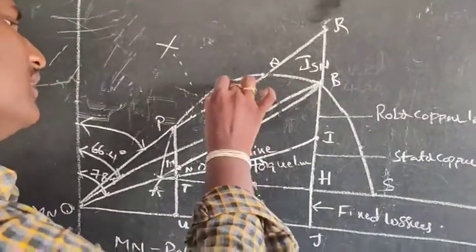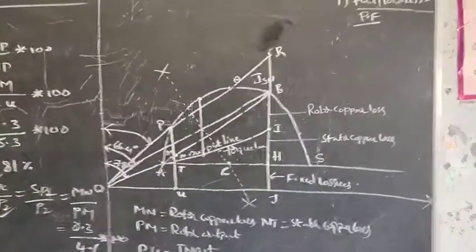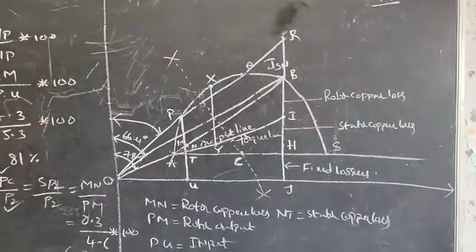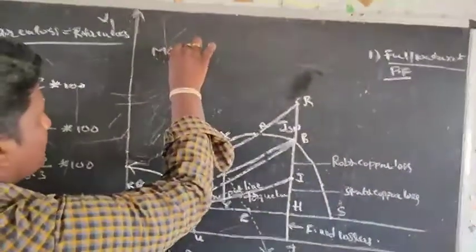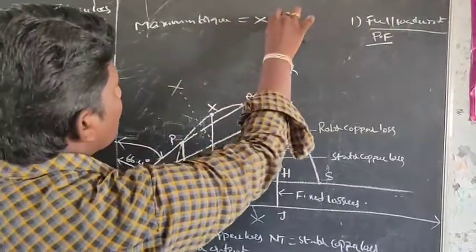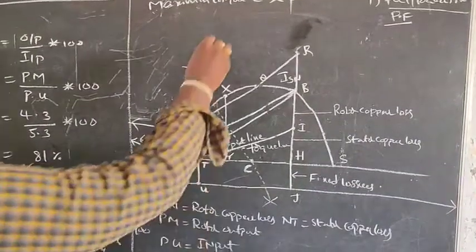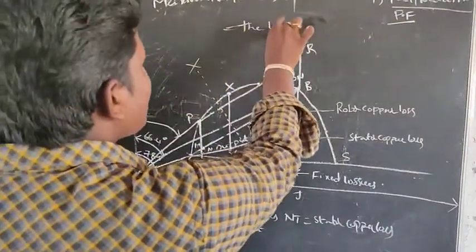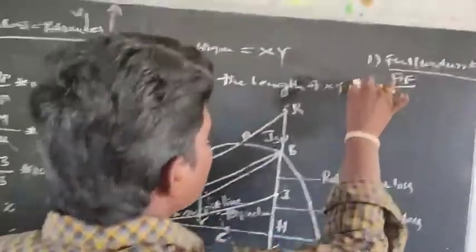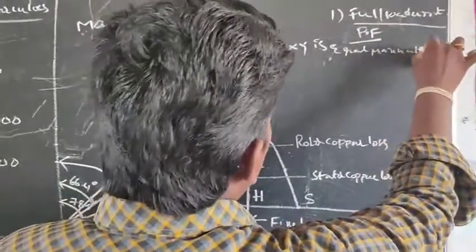Call this XY. Maximum torque equals the length of XY.